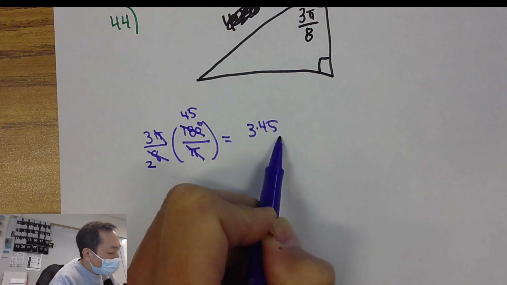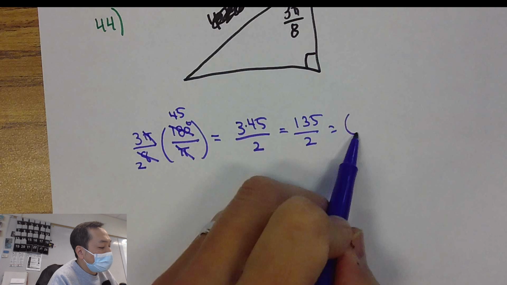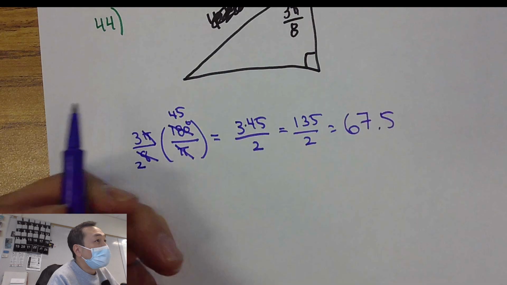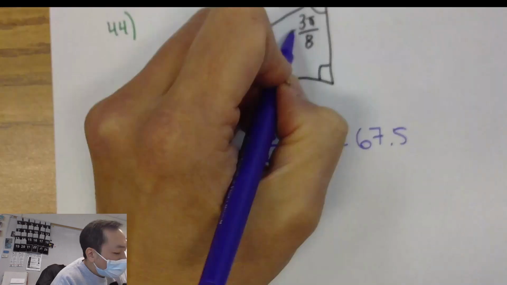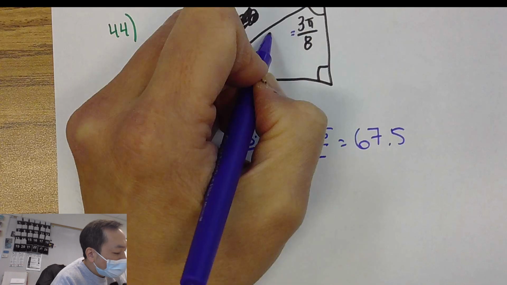So if we do that, this would be 135 over 2, which is 67.5. So this angle here is 67.5 degrees.